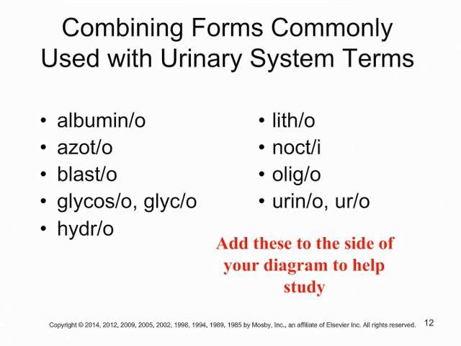Nocti means night, and we're going to see this term used, for example, with bedwetting, or when you go to the bathroom at night. Oligo means few. So for example, if you're not urinating as much as you should, then maybe you would have this term. And then urino and uro, both of those mean urine specifically, or the urinary tract.